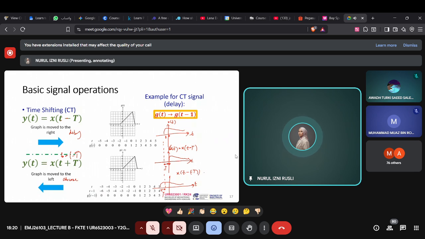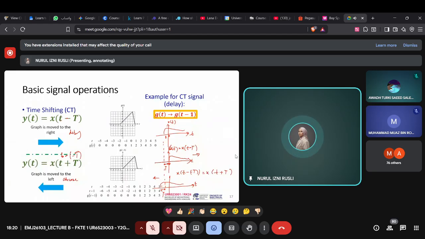Because it is advanced, that's why you have x(t + T). So you could see that your graph is moving to the left, advanced. This graph is moving to the right, we call it a delay.